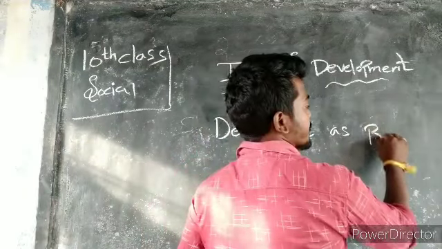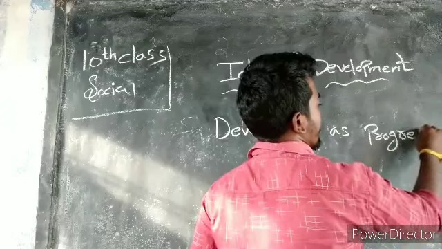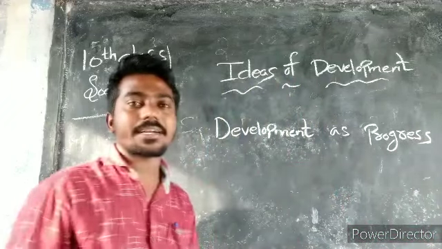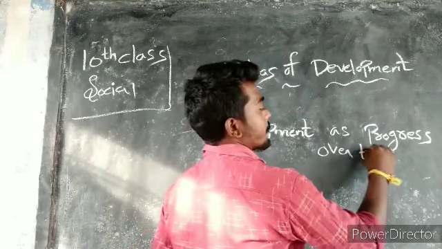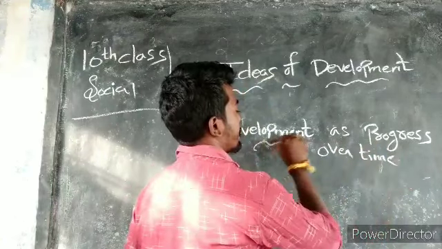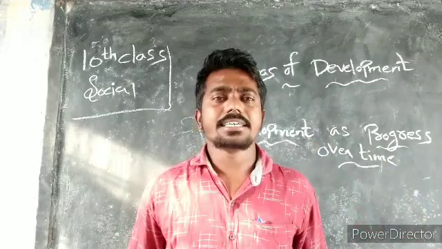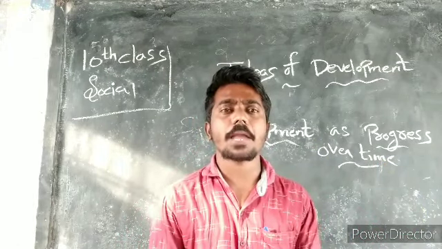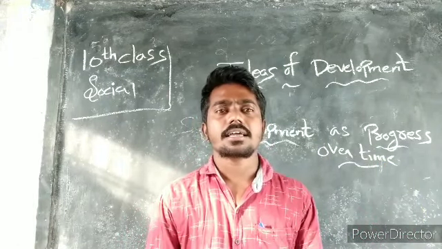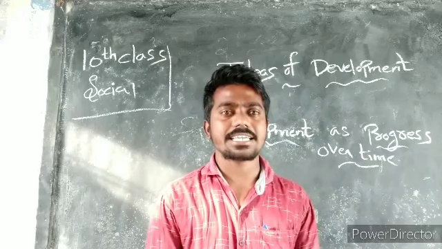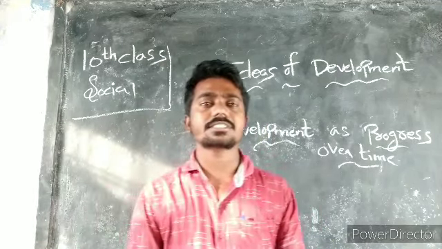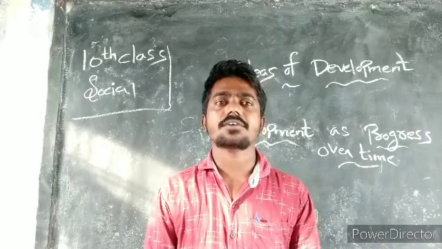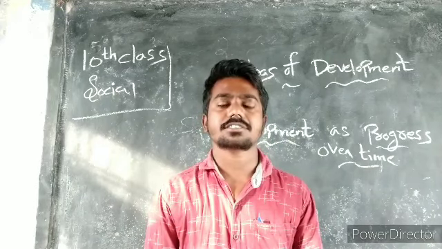Development as progress over time. In the last topic, we discussed per capita income, life expectancy, mean years of schooling and HDI. Some countries lag behind ours. In our states alone, there are a lot of variations.